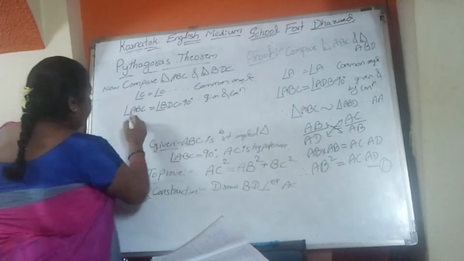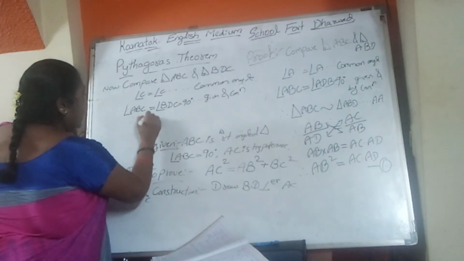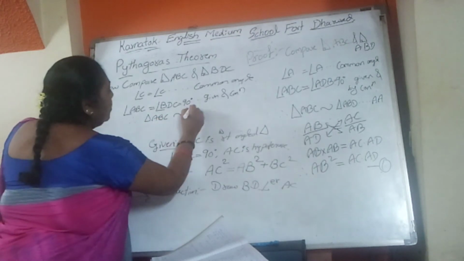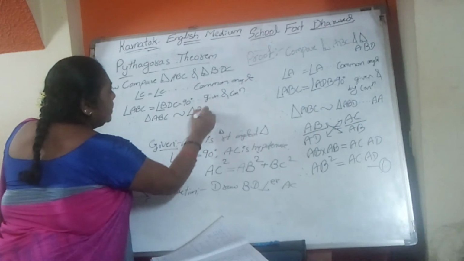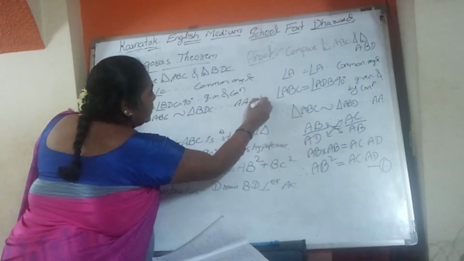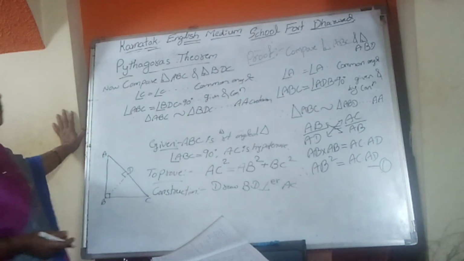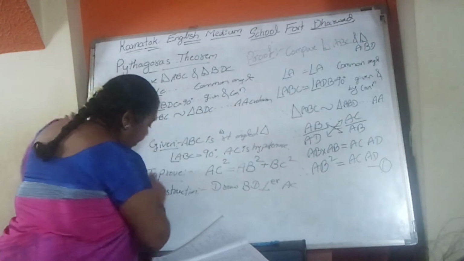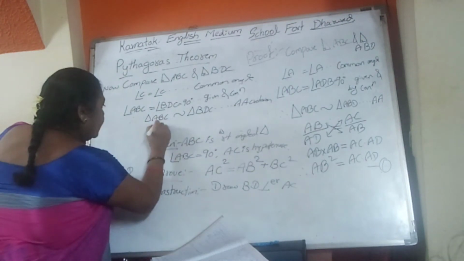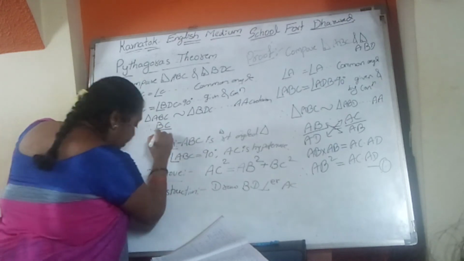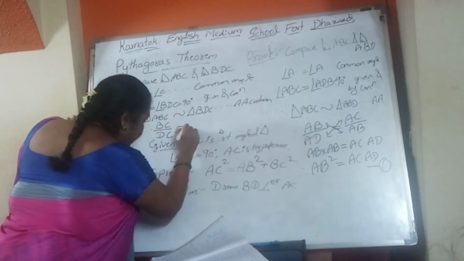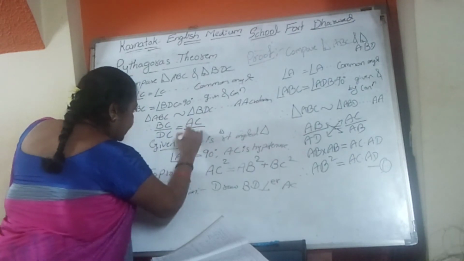Then, therefore, triangle ABC is similar to triangle BDC because of AA criterion. Therefore, BC upon DC equal to AC upon BC.